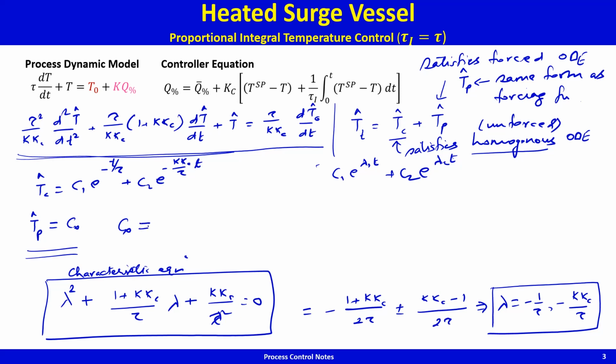must be equal to the right hand side. Forcing is a unit step, so the right hand side is equal to 1. So C0 must be equal to 1.